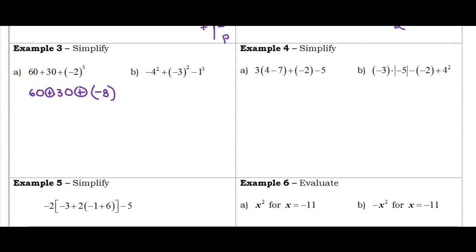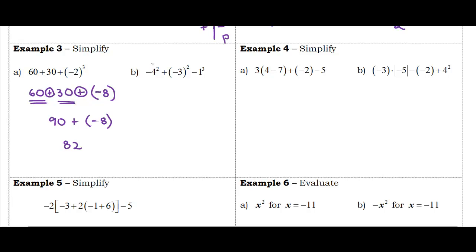But we also know, though, right, that if we're adding, order is not important anyway. But left to right, what's 60 and 30? 90. Is my answer going to be bigger than 90 or smaller than 90? What's my final answer? 82. You do B. Be careful.